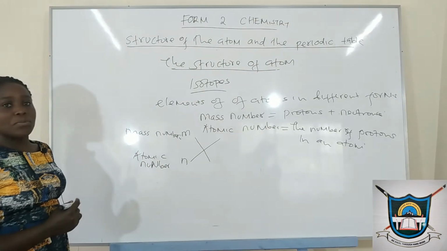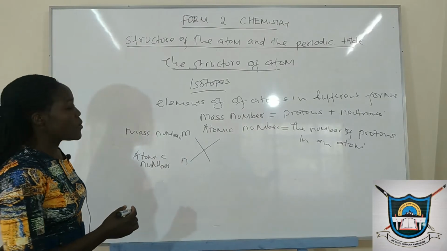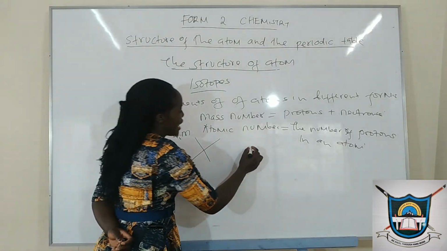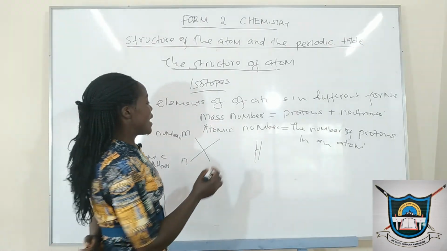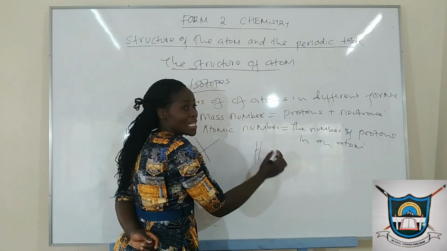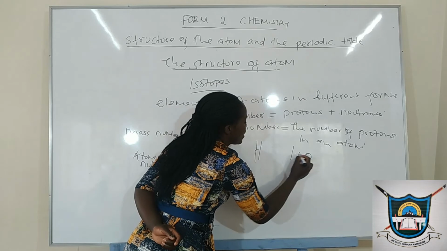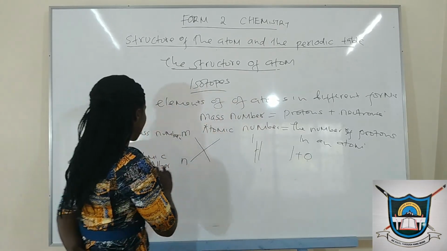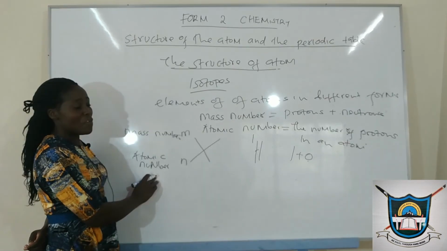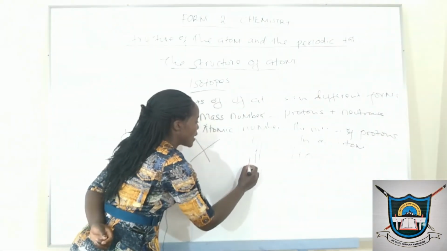So we want to begin by talking about the isotope of hydrogen. Hydrogen has 1 proton and 0 neutrons. So mass number is 1 plus 0, giving a mass number of 1, and atomic number is the number of protons, which is 1.